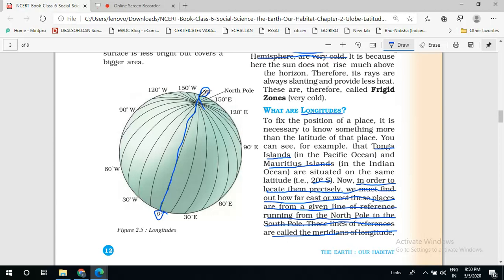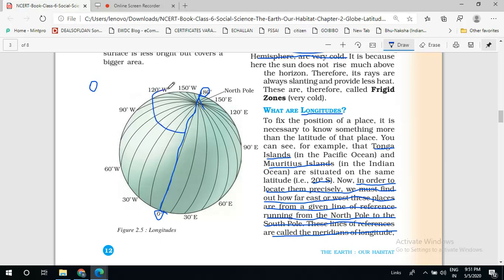But when it reaches 180 degree east, what we see is that both are the same. 180 degree west and 180 degree east is same because there is only 360 degree in a circle. What is the degree of the circle? It's 360 degree. So this is 180 degree.